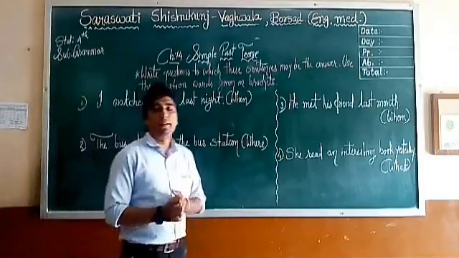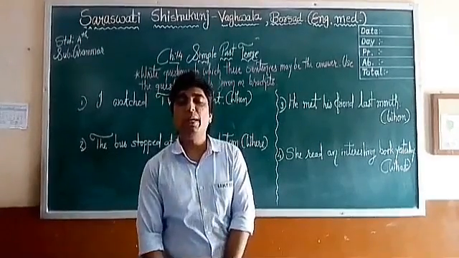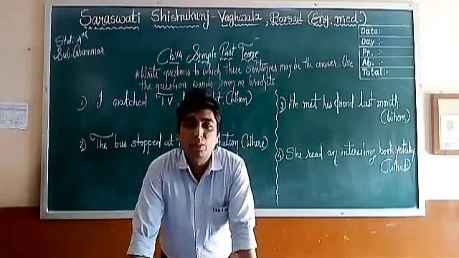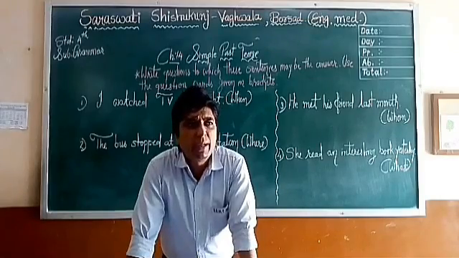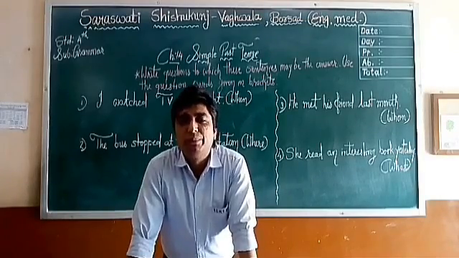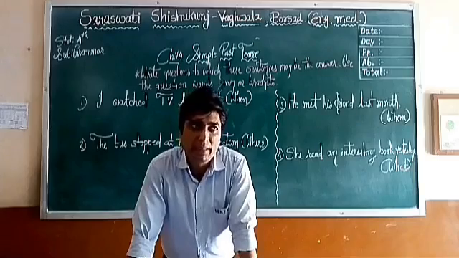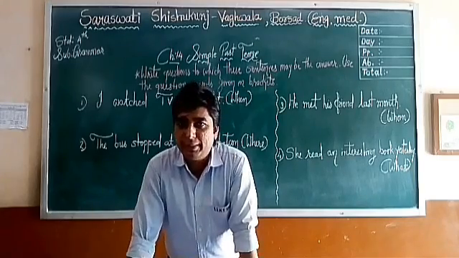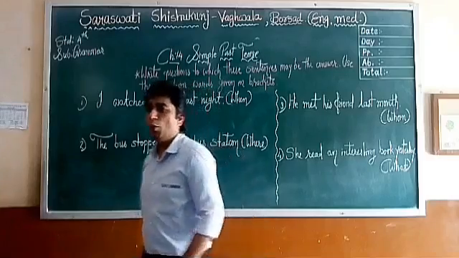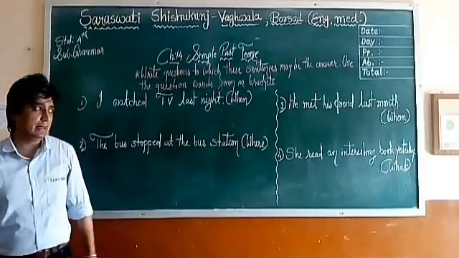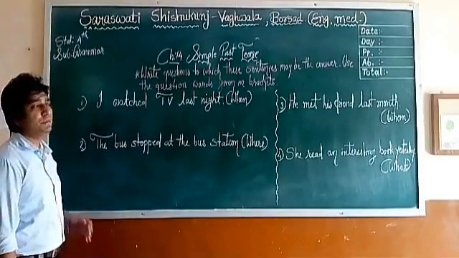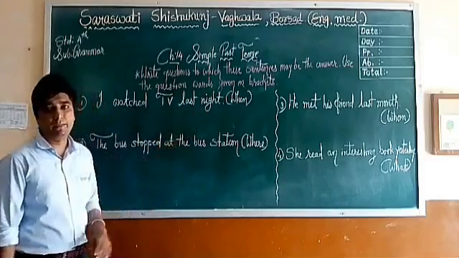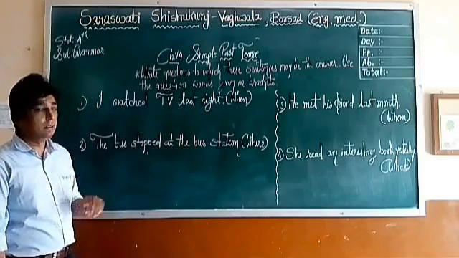Okay students, now it's time to start a new exercise. Since I told you that whenever you get a question, whether in exam or in homework, read the instructions twice. Now as you can see on the board, there are simple affirmative sentences. I watched TV last night. They are all in simple past tense.